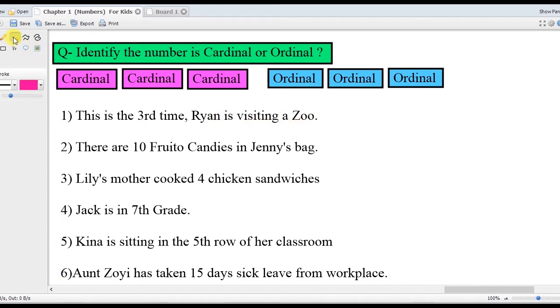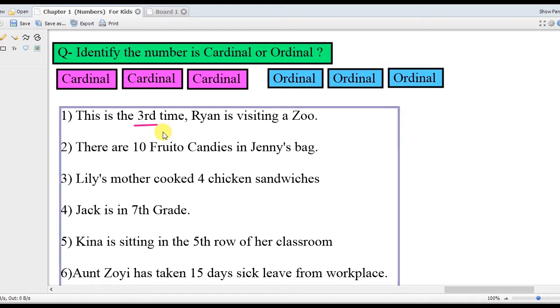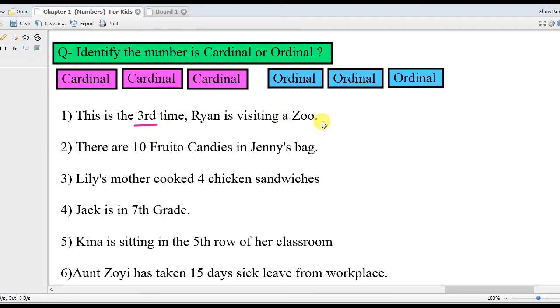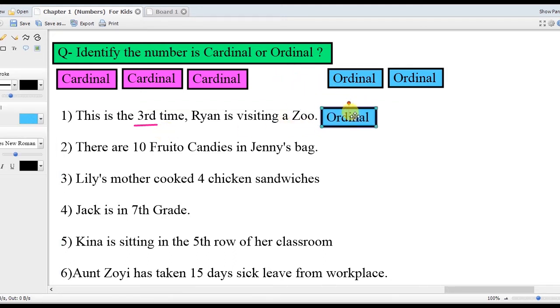Here we have to focus on the word third. Is third a cardinal number or an ordinal number? This is representing an order. He is repeating this visit, so this is the third time he is visiting a zoo. So that is an ordinal number.